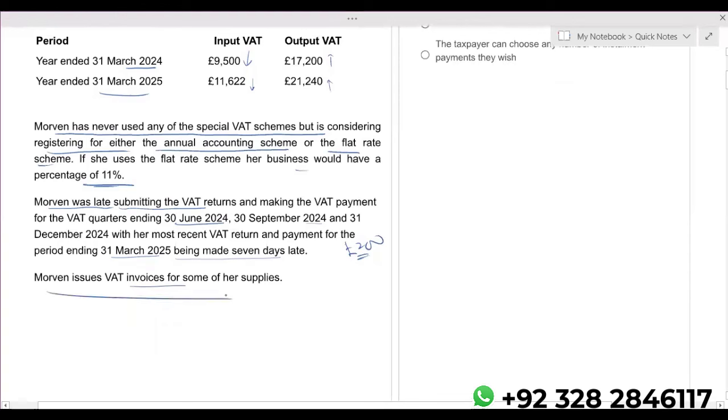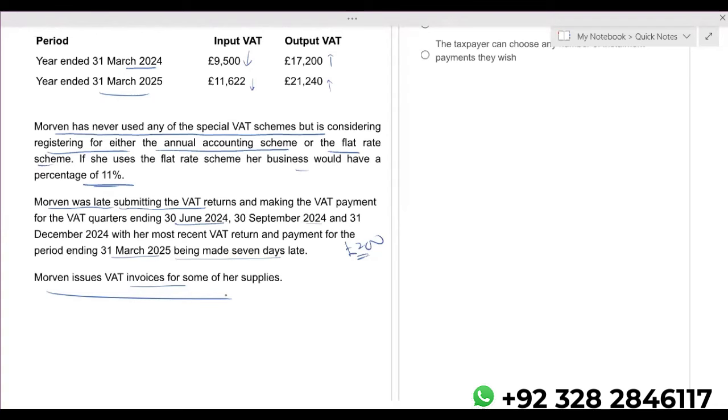Morvin issues VAT invoices for some of her supplies. Means you're not issuing invoices for all of your supplies. So it is permissible. For example, if you are selling goods to a customer who is not VAT registered, in that case, it is permissible.